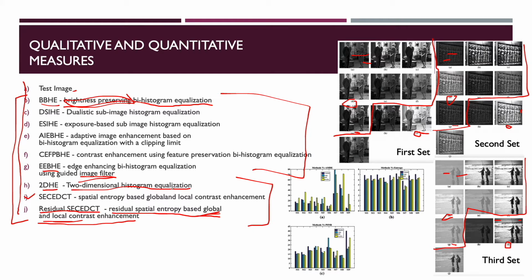Since EEBHEGF uses a guided filter, it has better SSIM, DEN, and GMSD values than the rest, due to the guided filter, which preserves the structural information. Another thing to note is that the CII value is generally found to be higher for 2D based methods corresponding to H, I and J, as they use neighborhood information and spatial distribution to improve contrast in their local regions.